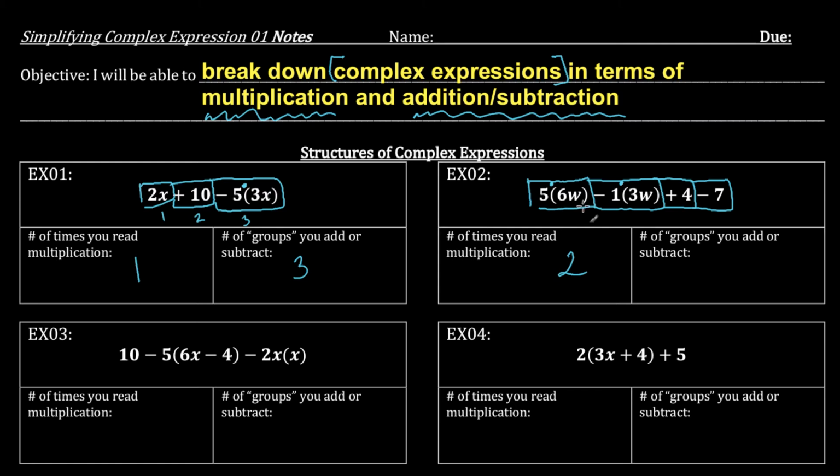If you notice, every time I add or subtract, I'm going to end my previous group. So 5 times 6w, and then I saw a subtraction, so I stopped it. Times 3w, and then I stopped it because it said plus. And then I stopped it because it said minus. So there are 1, 2, 3, 4 groups.